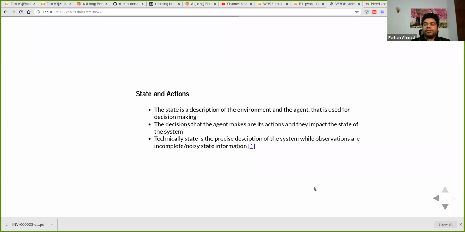But the observation will be only the part of the state that the algorithm is actually using, right? There may be many ways in which state and observation differ. One could be that some of the state is hidden, so the agent is not able to look at it at all. The other possibility is that the state is in a very raw form, like the robot example, right?